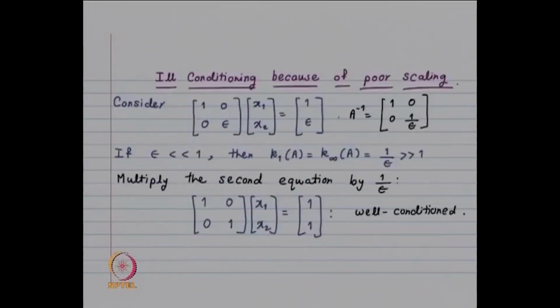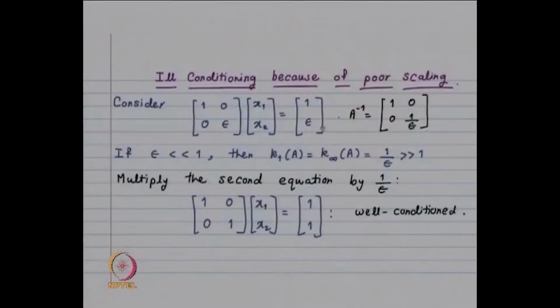Now, ill conditioning can be because of poor scaling. What I mean is, look at a system where the coefficient matrix is [1 0; 0 epsilon], times x1, x2, equal to 1, epsilon. So, our system is x1 equal to 1 and epsilon x2 equal to epsilon. If epsilon is very small compared to 1, then A inverse is going to be [1 0; 0 1 by epsilon].